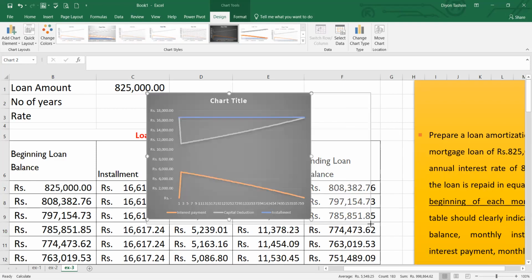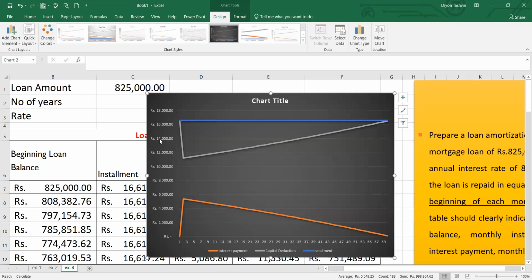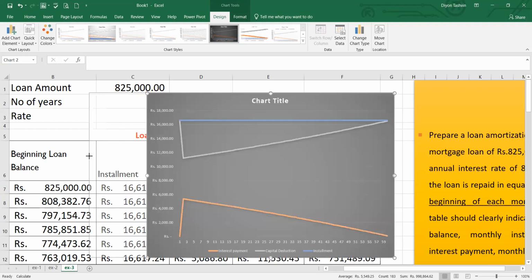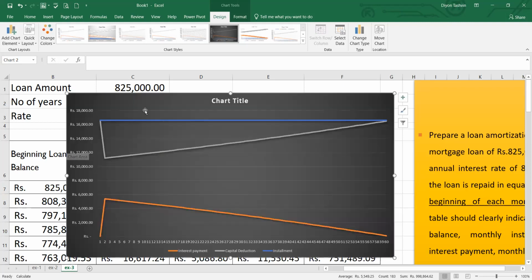It's just like a triangle here, because you can see that even the time period differs. In the amortization table, we are paying an equal amount each time as installment. That's why we have a straight line over the period.